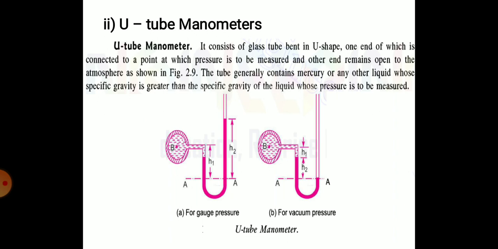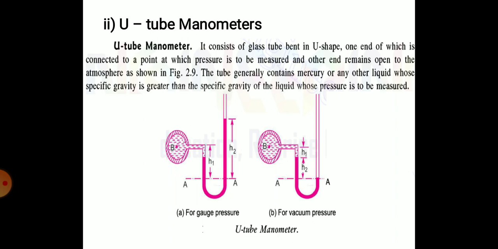You can see in the figure. Then S1 is specific gravity of light liquid, therefore ρ1 is density of light liquid, which will be equal to 1000 into S1. Then S2 is specific gravity of heavy liquid, therefore ρ2 will be density of heavy liquid, which will be equal to 1000 into S2.